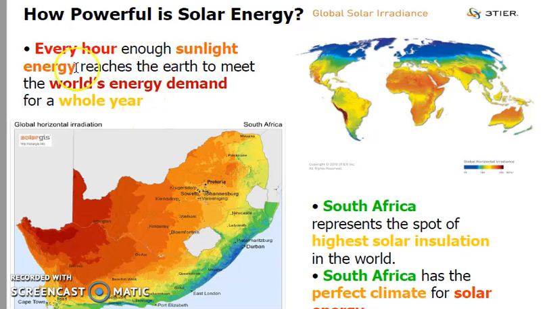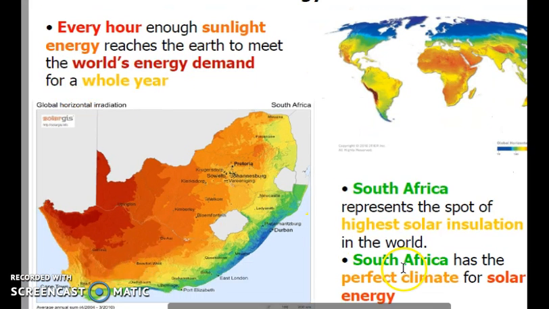Now we should know how powerful solar energy is. Every hour, enough sunlight energy reaches the earth to meet the world energy demand for a whole year. Here we can see in this map that a major part of any country receives solar radiation.